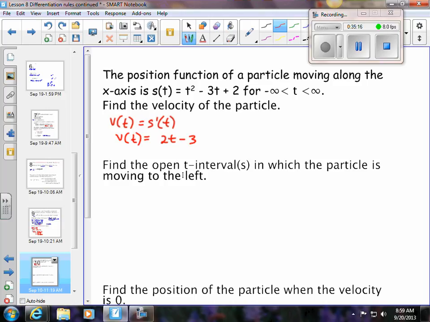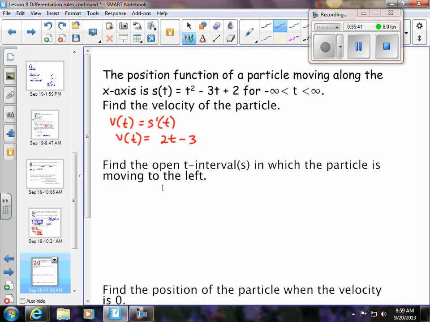Find the open t intervals in which the particle is moving to the left. Well, I will know when the particle is moving to the left if the velocity is a negative number. I know when it's moving to the right if the velocity is a positive number.